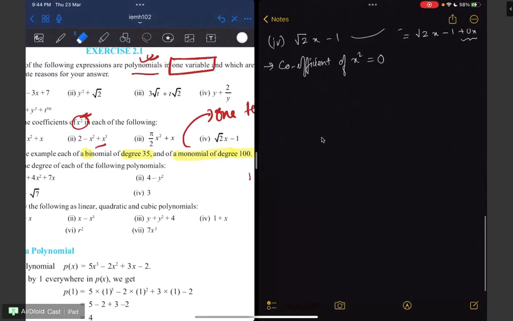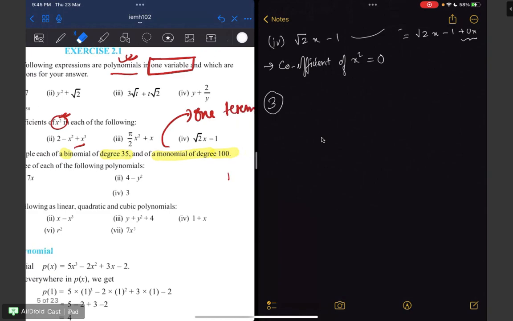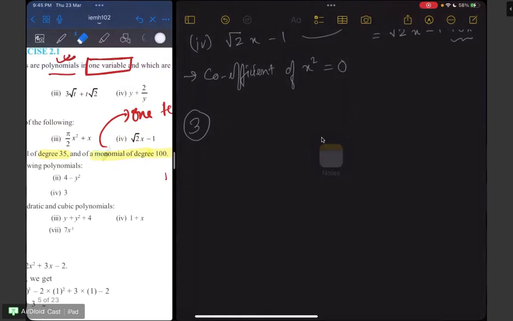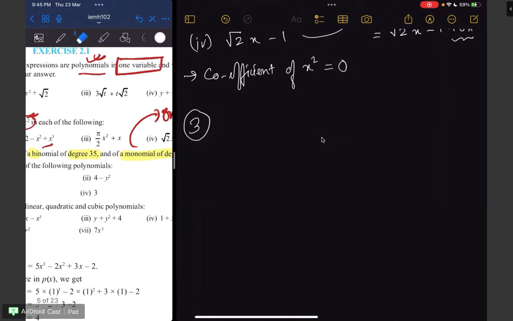So let's give an example. Binomial means having how many terms? Having two terms. So at first let me give you an example of a binomial of degree 35. Binomial means two terms. So I can write x square minus 3 y to the power 35.